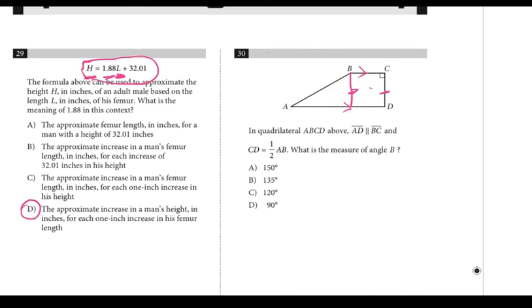So this line, which forms a right triangle here, is going to be half the length of this line, which would be the hypotenuse. Since we have a hypotenuse here of AB that is twice the length of this line.